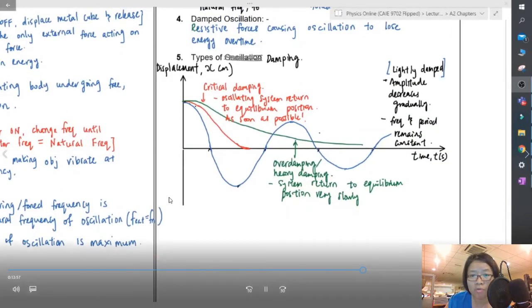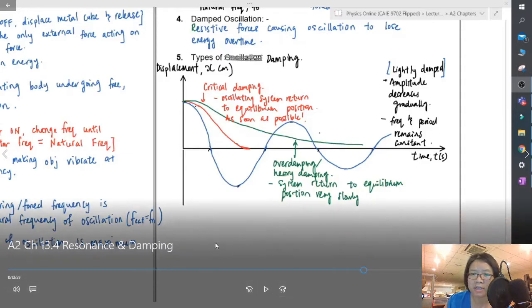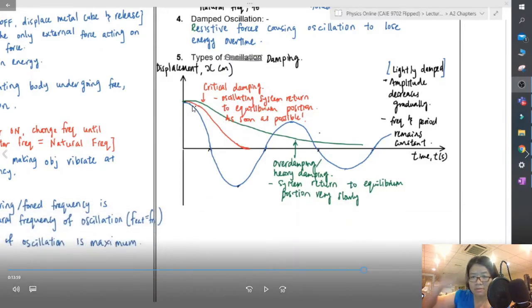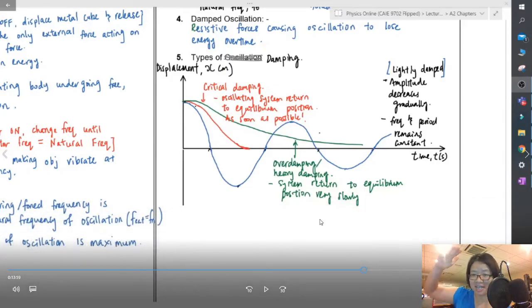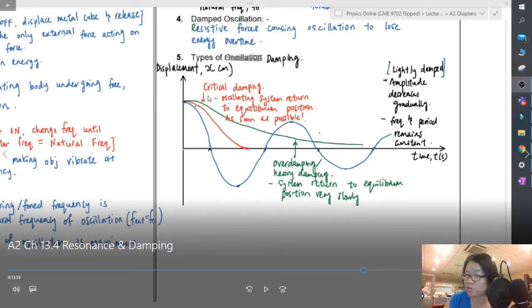Think about it, if your car suspension is light damping, you pass through a hump and then your car goes like that for a long time. Motion sickness. If your car has over damping, it's even funnier. It goes through a bump and then stays at a slightly higher position for a long time, meaning as you go through more and more bumps, your car will get higher and higher. So weird. So the example for critical damping would be a suspension system.